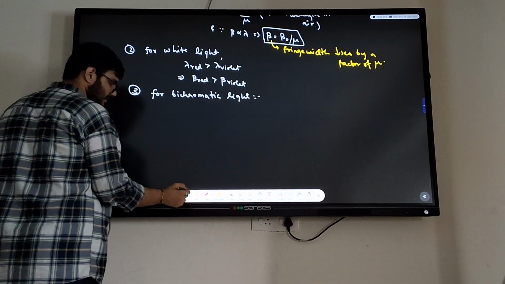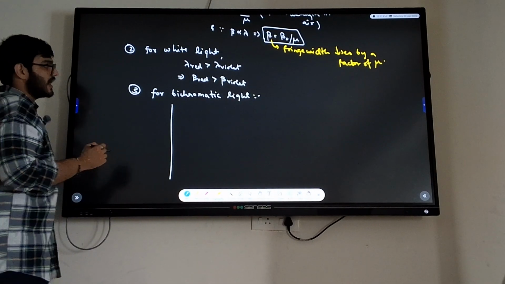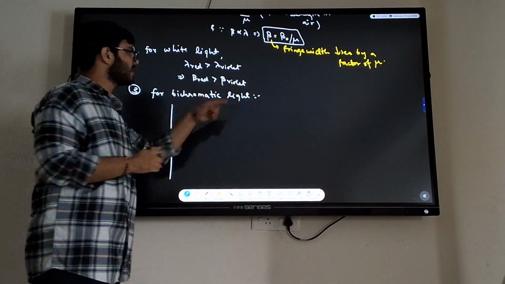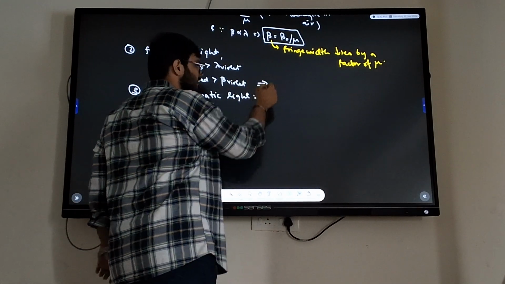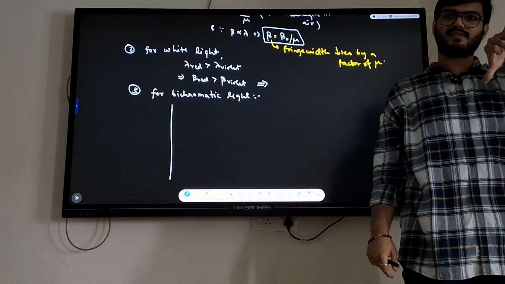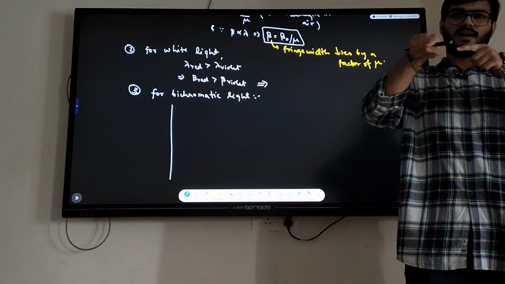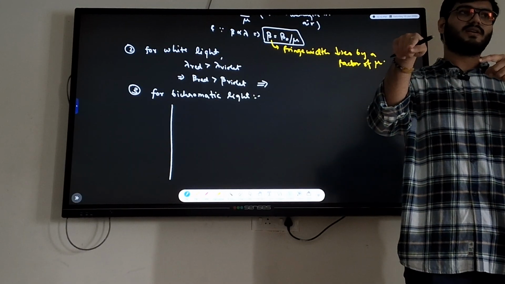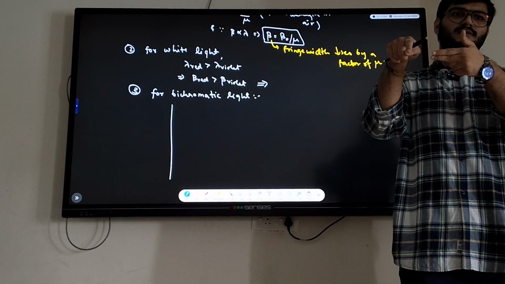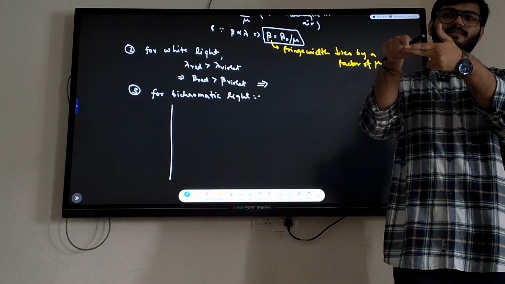Let's say I make the pattern; the pattern will be seen on the screen, okay. Let me also ask you this one thing: what will happen to all colors? So all colors will have different betas, right? That means their patterns are going to be a little different. What will happen at the center? For all of them theta equals 0 at the center, right? So all of them will meet at that point, yes or no?